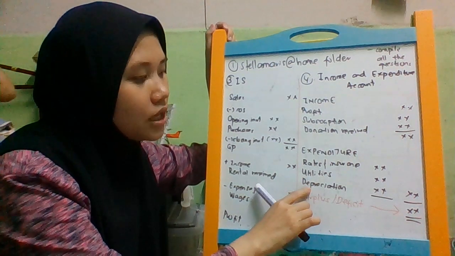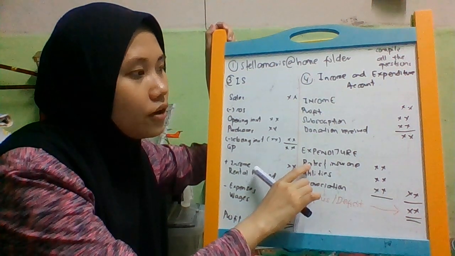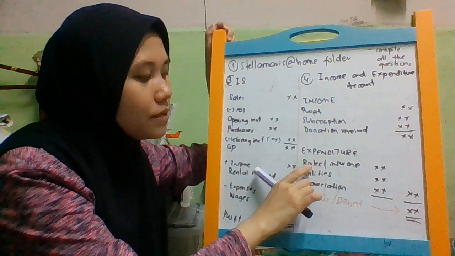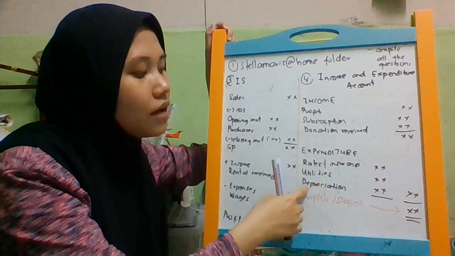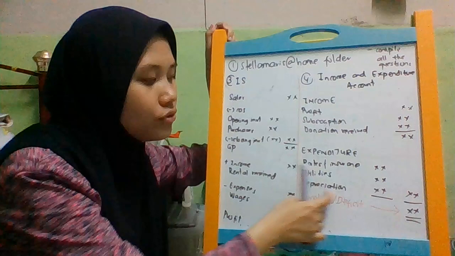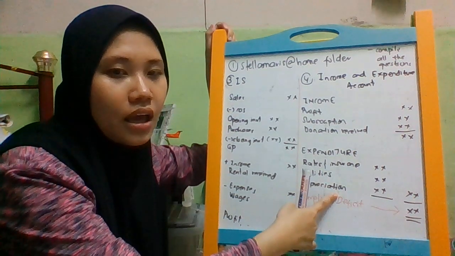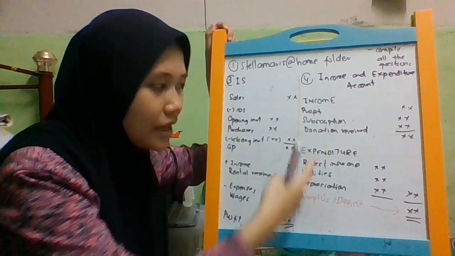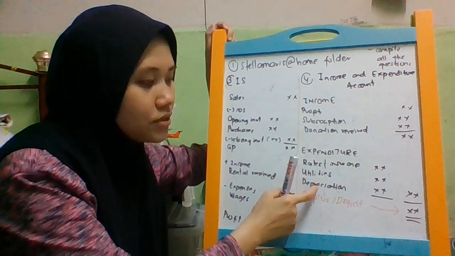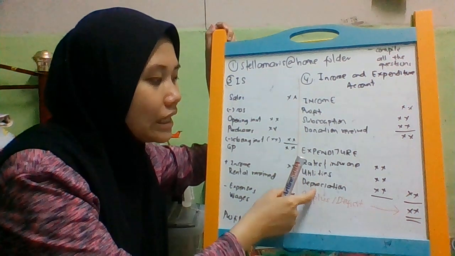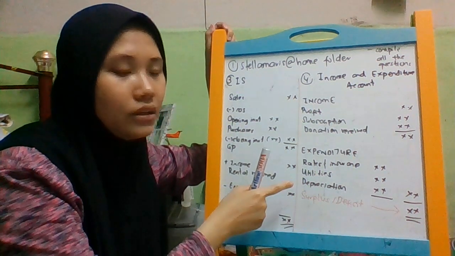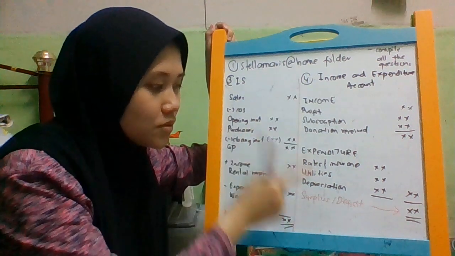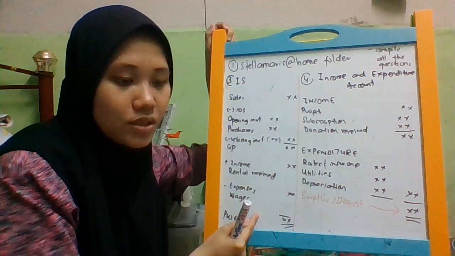So depreciation, if let's say just now you buy or you rent some building or premises to run the club itself, obviously every year you need to bear the depreciation. Every depreciation you need to put under expenditure. Depreciation also, the one that is related to club and society only. The one that is not related to club and society, put it here in the normal income statement.